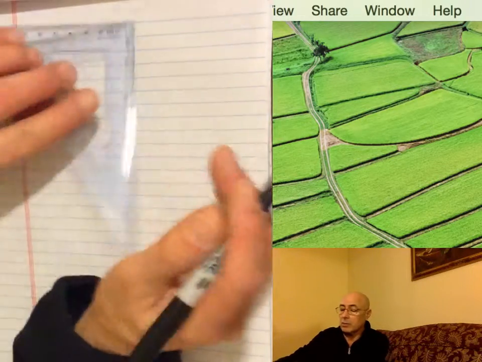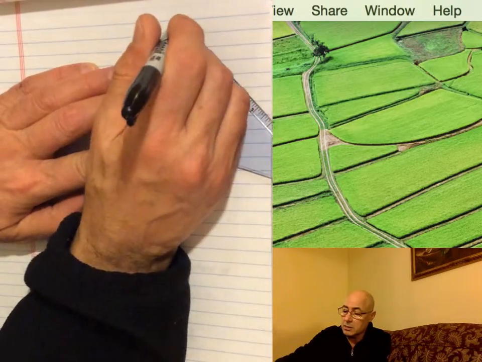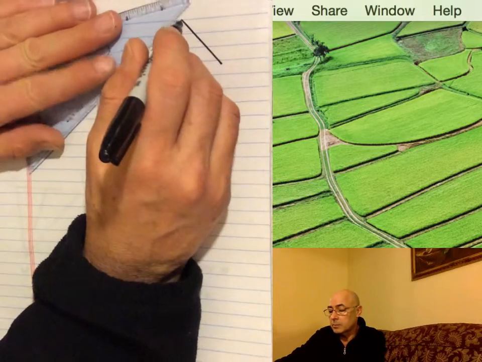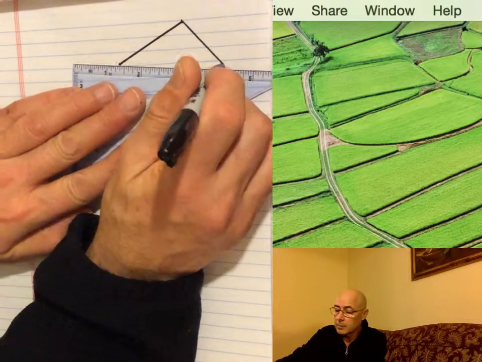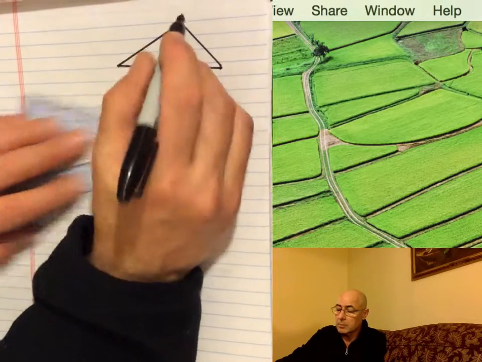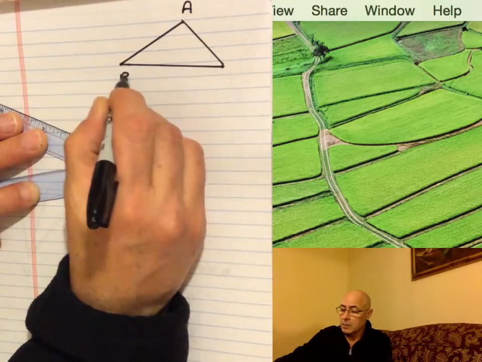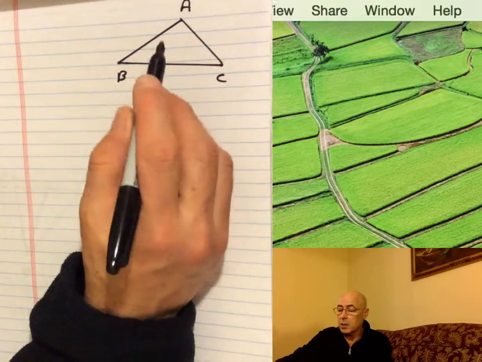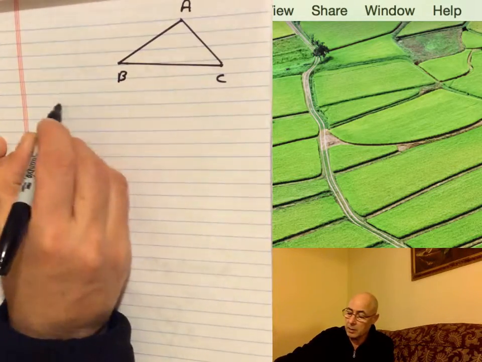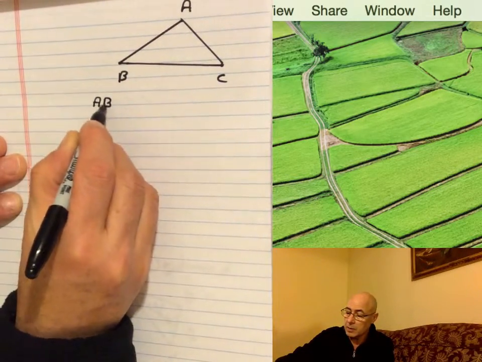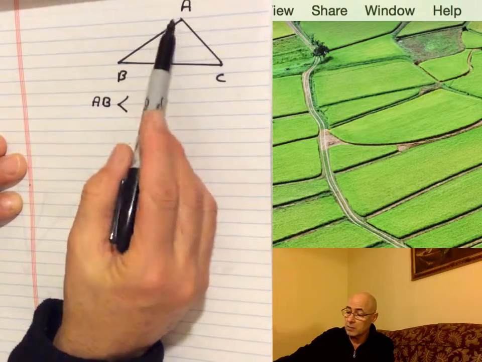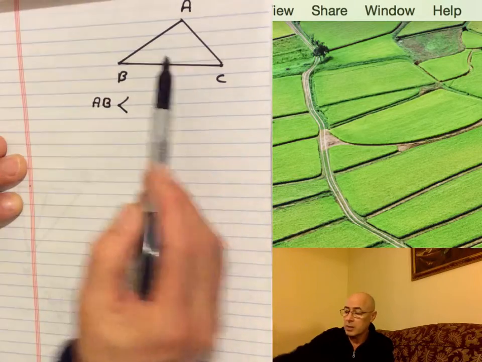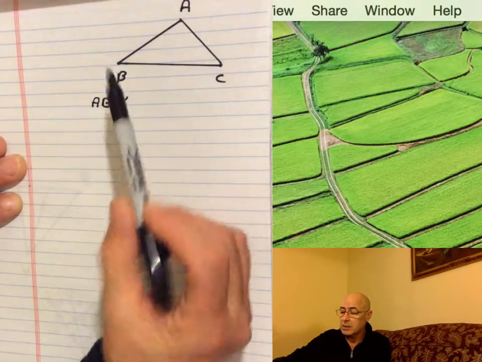So one more time, if I have triangle ABC, any one side by itself, like AB, has to be less than the sum of the other two sides. If I'm talking about AB, it has to be less than AC plus CB.